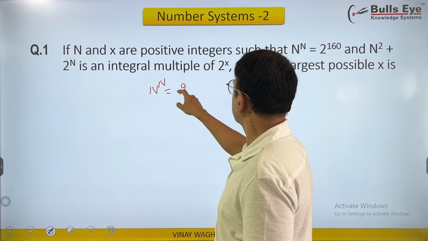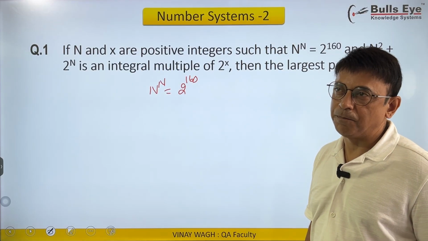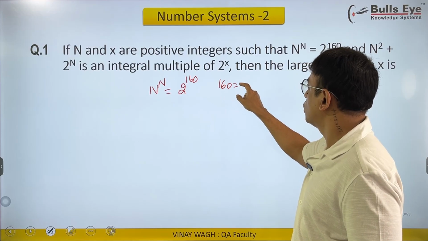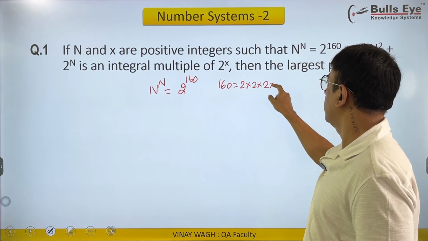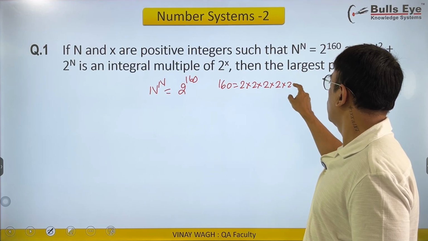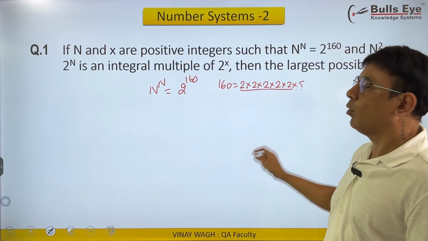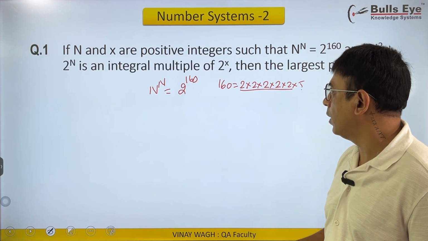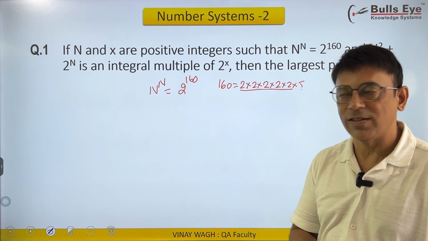2 raised to 160. Now, if you break 160 into prime factors, 160 is 2 into 80, 80 is 2 into 40, 40 is 2 into 20, 2 into 10, and 2 into 5. So we have got 5 2's and one 5. This itself gives a very big clue because we have to have n as the base and n as the index.